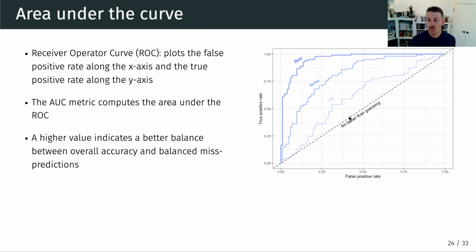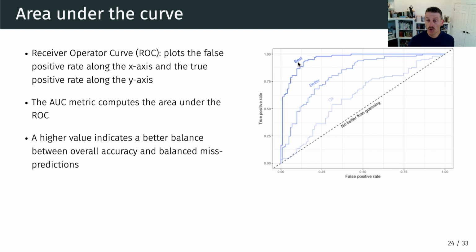And so what we want is a model that has our ROC curve where it goes higher to this upper left-hand corner, okay? And this means that we have high accuracy and that we're also balancing the true positive and false positive rates, okay? And so AUC, the area under the curve metric, is just computing what that area under this line would be, right?